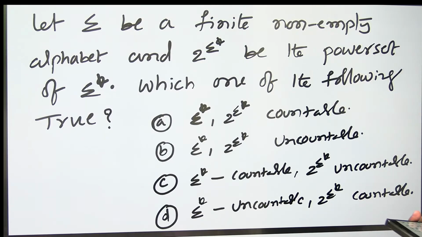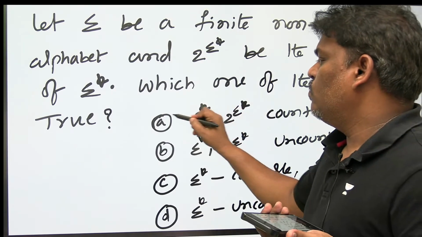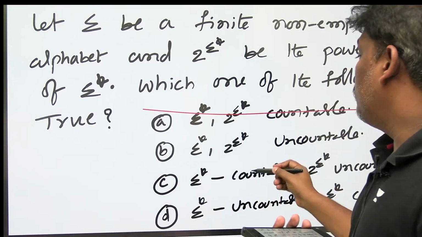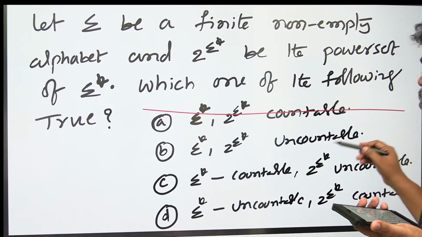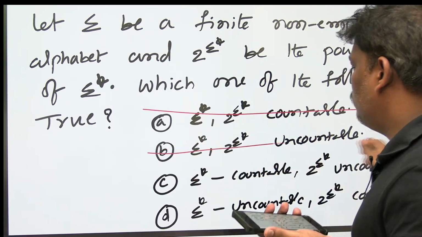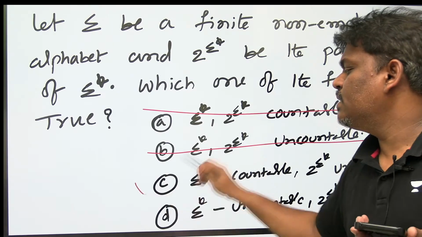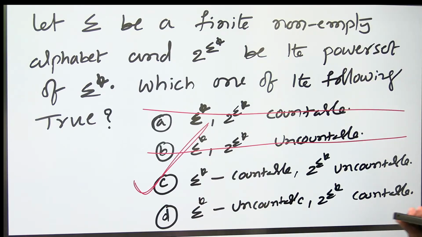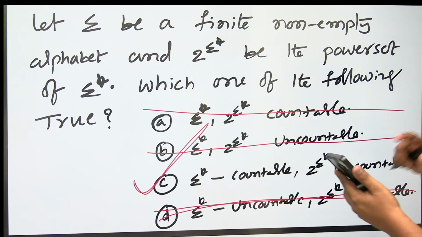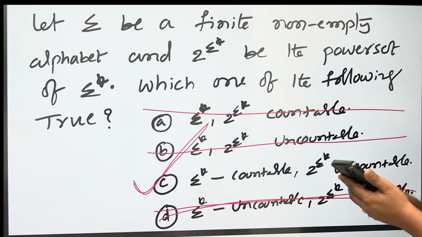No. Sigma star countable, 2 power sigma star uncountable. Exactly. It is a nice problem. Please take care.